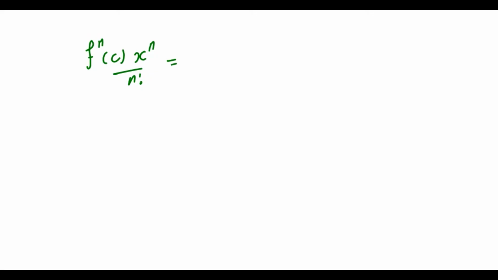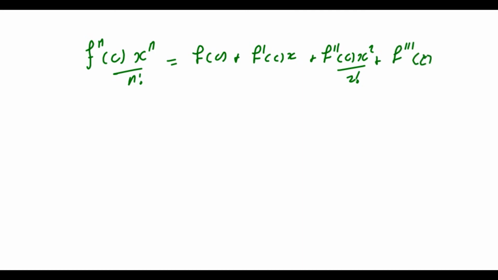Okay, so meaning this is just going to be like f of c plus f prime of c times x plus f double prime of c times x squared divided by 2 factorial plus f triple prime of c times x to the power 3 divided by 3 factorial.